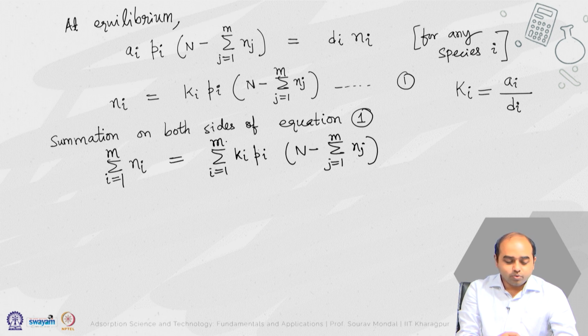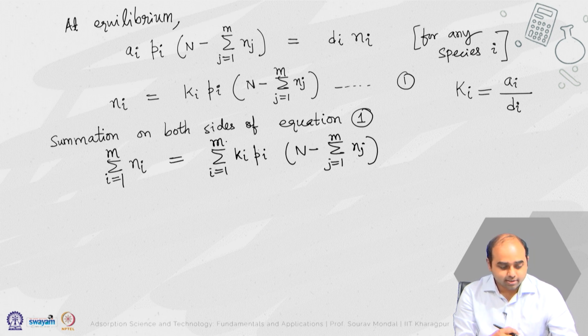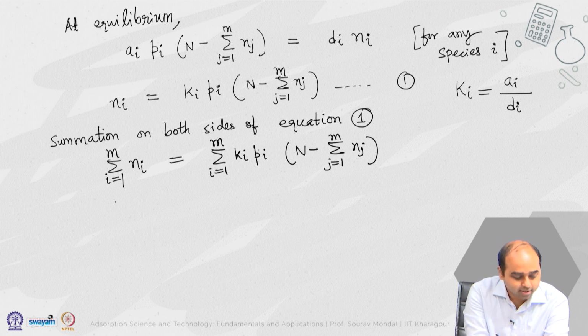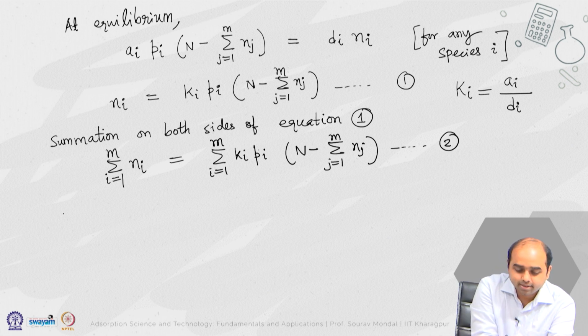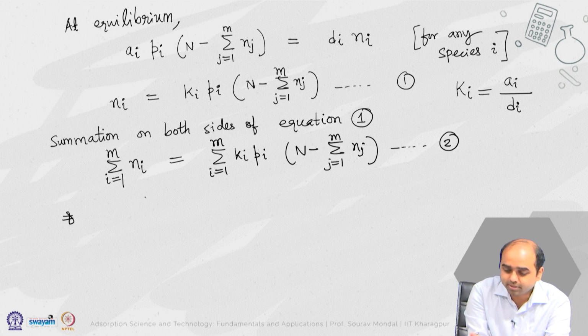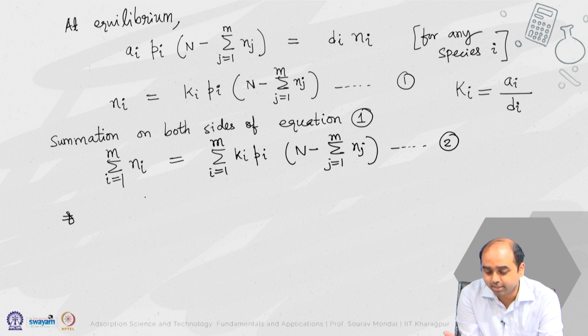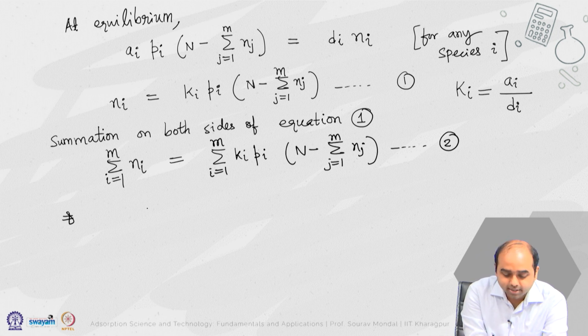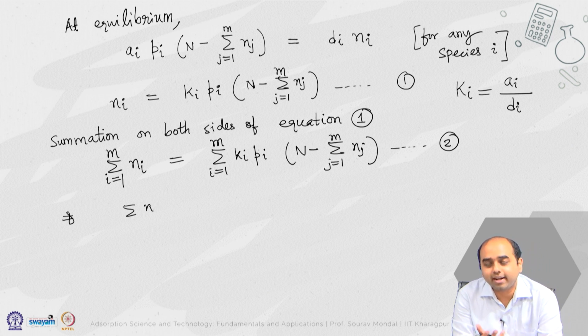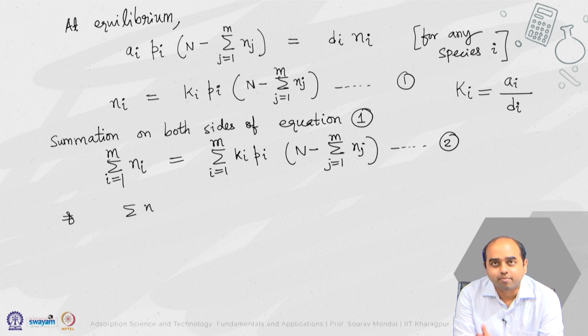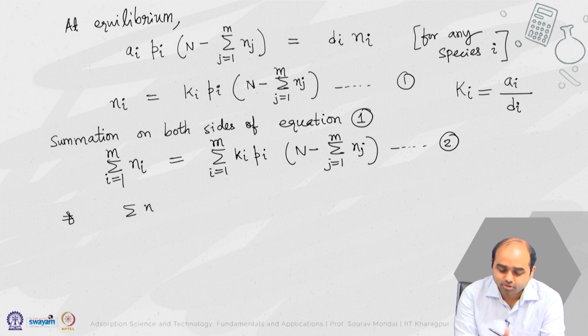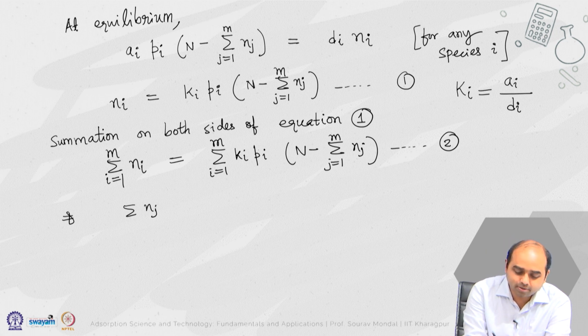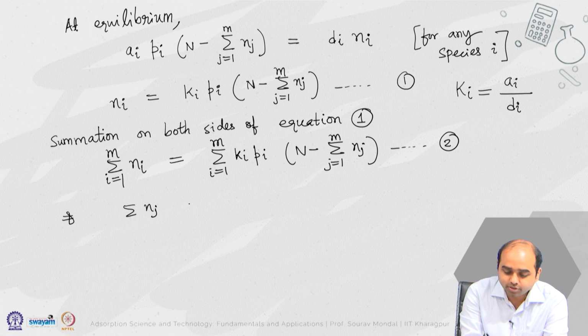If we rearrange this expression, which we call number 2, on the left hand side and the right hand side, in both cases you have this summation nj. Please note that summation of ni or summation of nj are actually the same, because both vary from 1 to m. So, let us write both as nj and remove this confusion.